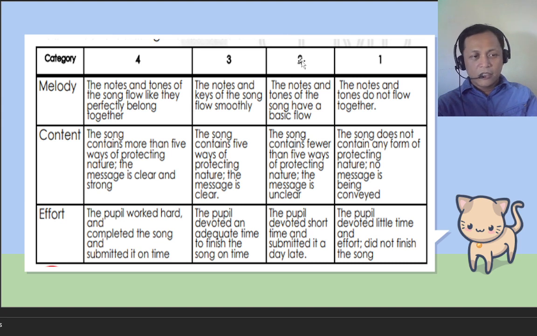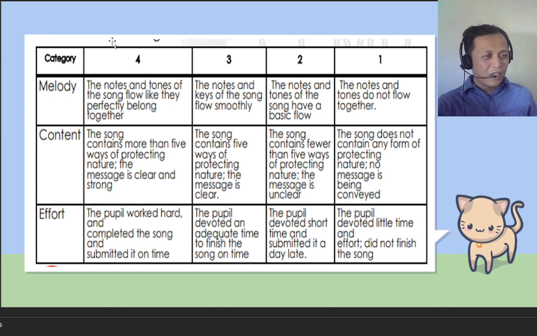You will get the score of 2 in terms of melody if the notes and tones of the song have a basic flow. And for your effort, you will get a score of 1 if the notes and tones do not flow together. Now, you still get a point.